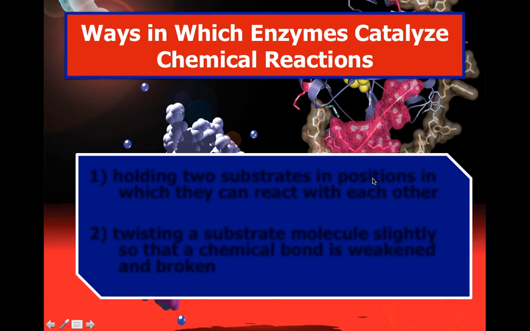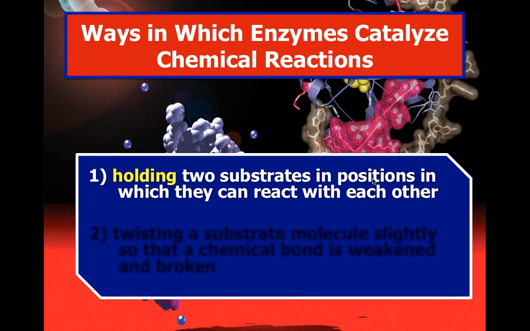There are 2 ways in which enzymes are able to catalyze chemical reactions. The first one is holding 2 substrates, which are most likely going to be monomers, in positions in their active site in which they can react with each other. So this would be having 2 monomers coming together, bonds forming. So it would literally be manipulating them together, shoving them together, allowing bonds to be created, and then the product being one large polymer.